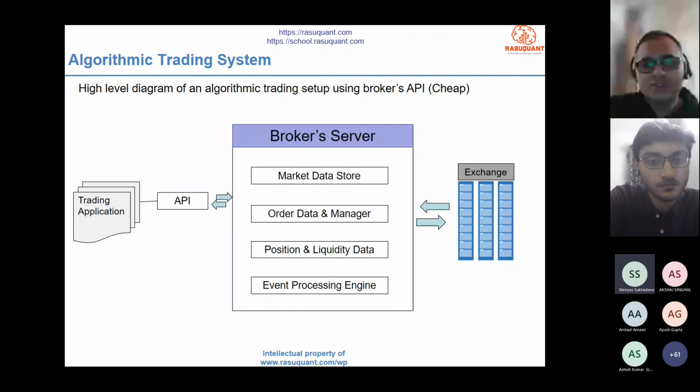All right. So when you're starting out, you want to do it through a broker. The broker has taken care of everything. The broker has a server that talks to the exchange, and they take care of the market data and your orders and everything, and all they give you is an API. That's one thing you should be very good with.